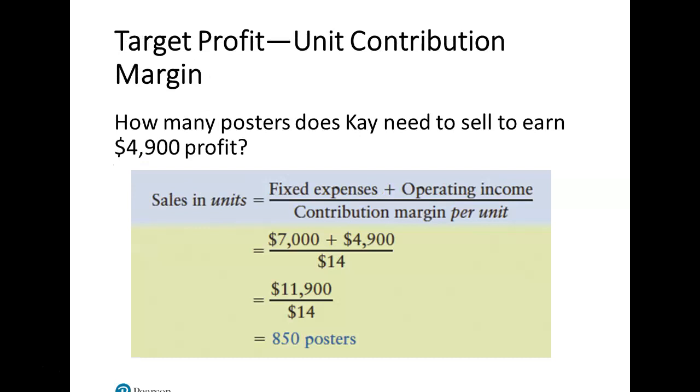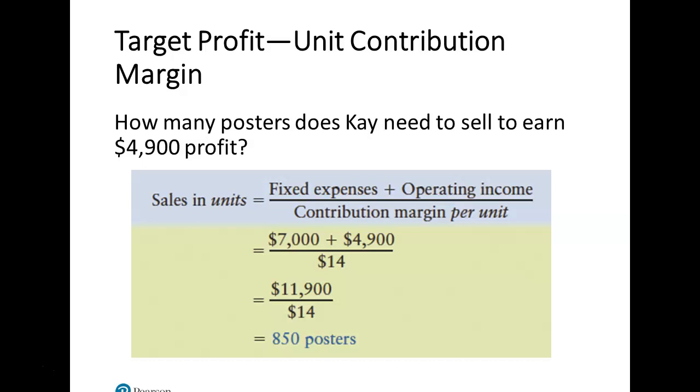Now, if you say, I want to target an amount of profit, we get a little bit more analytical. What if we say, I want to have a profit of $5,000, or in this case, $4,900 in profit? That's what I'm targeting. My fixed expenses stay the same. Our contribution margin stays the same. So all we need to do is, instead of putting a zero there, we plug in $4,900.